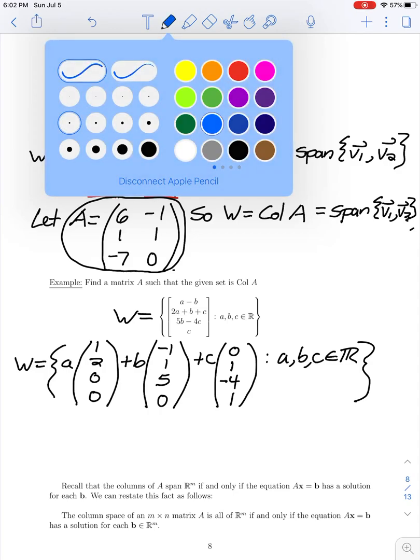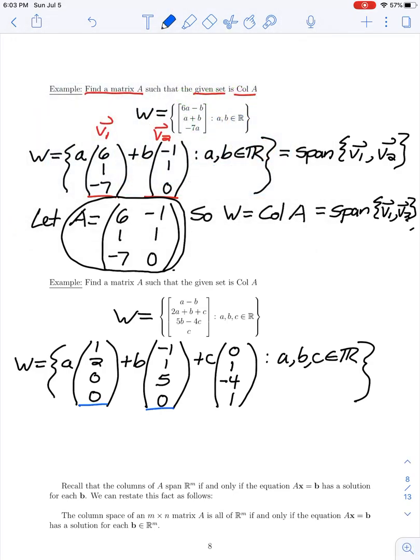These 3 vectors which generate the set W, let's call them v1, v2, and v3.